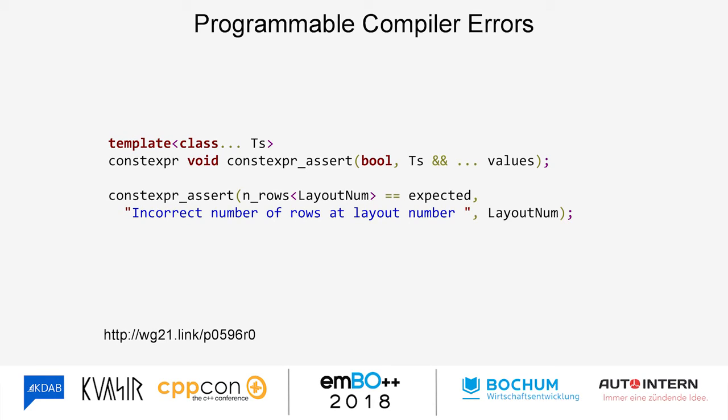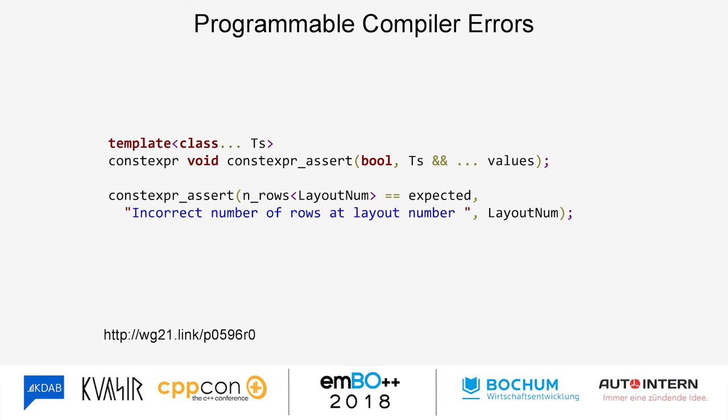So the proposal doesn't specify anything about how the diagnostic should be emitted. That would all be down to the compiler. So a sufficiently advanced compiler could maybe do some analysis on this bool argument and say, okay, this is a simple equality check and it failed, so I can say what the left-hand operand was and the right-hand operand, and maybe a compiler could do that.